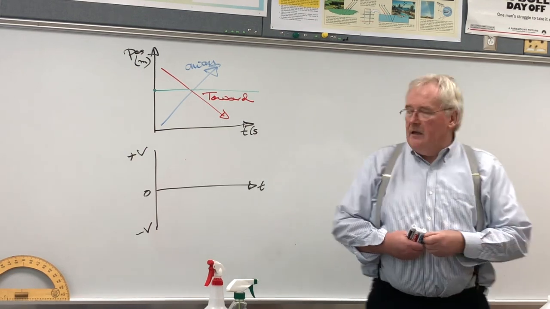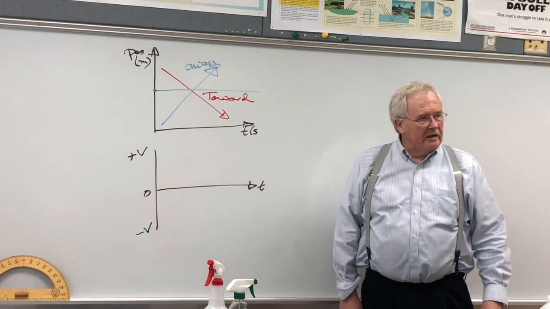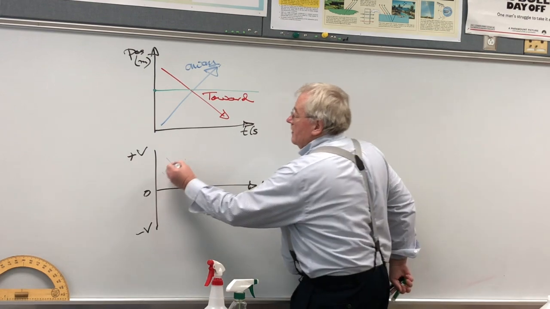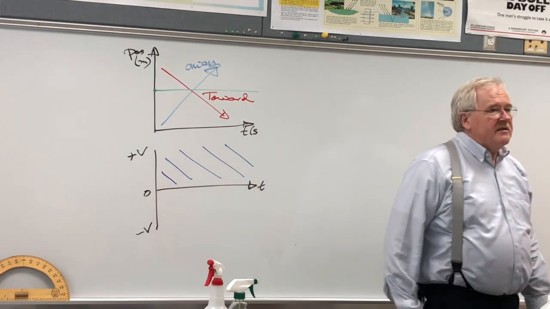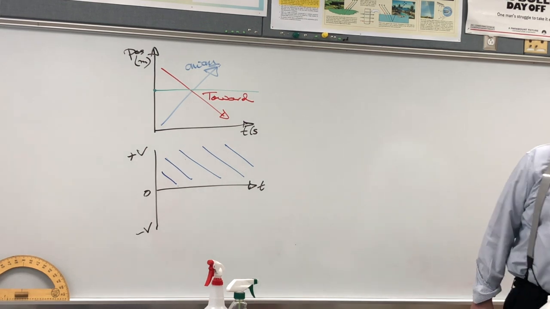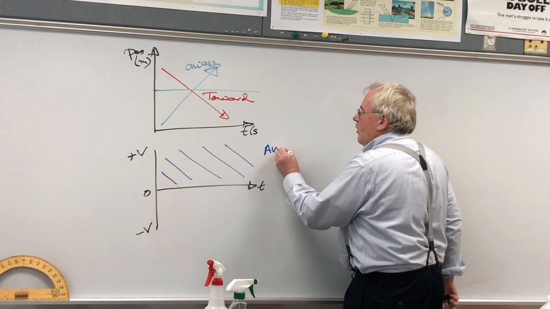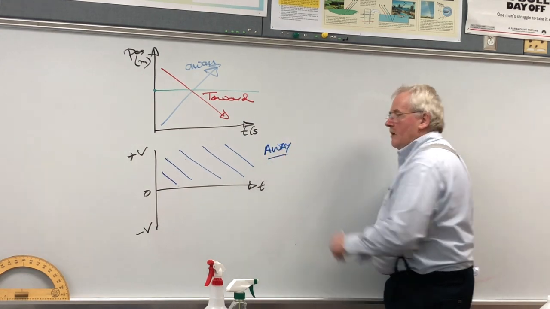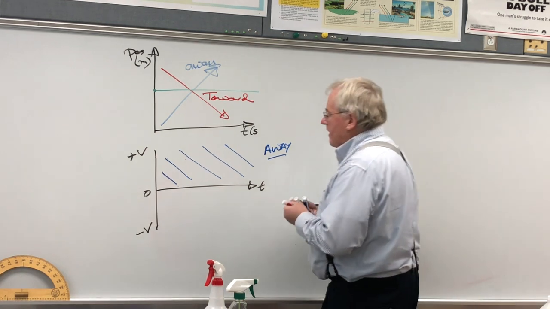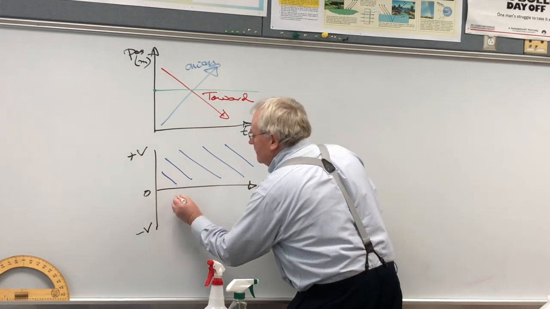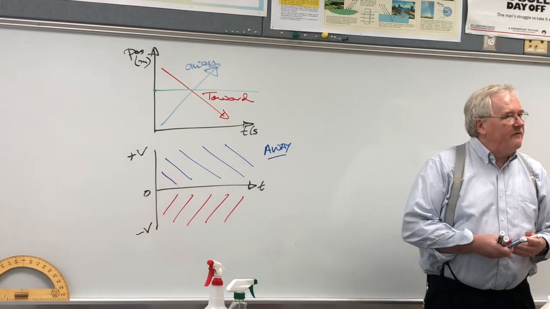Okay? All right, so now let's look at what velocity time looks like. This region here, that's the positive region, and therefore anything that's going away, for the velocity time. This one here, that's a negative velocity.